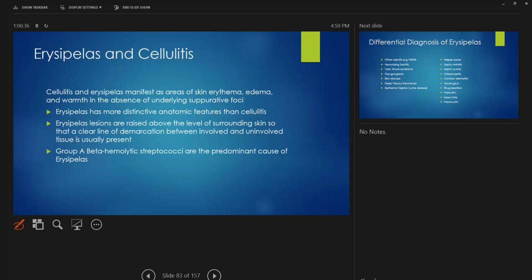This is usually caused by group A beta hemolytic strep, and so when we see that, it helps us know that it's probably group A strep, in which case I like to give the patient an initial dose of clindamycin, because that stops the exotoxin production of group A strep. However, that's out of the scope of this class. It's just a clinical pearl for the real world.